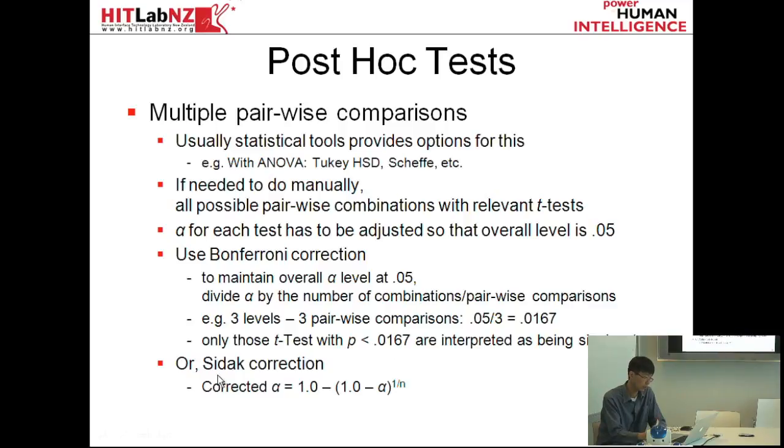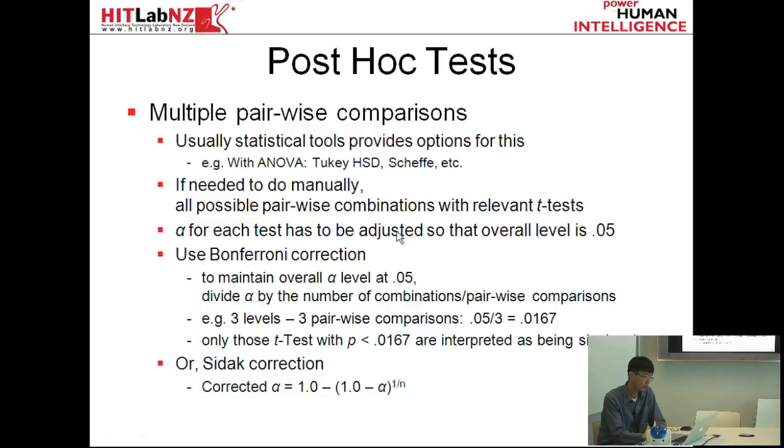And another statistician came up with a more accurate way of adjusting the alpha level, which follows this equation here. But in most cases, both corrections print out pretty much similar values anyway. So I think Bonferroni correction is more commonly used. Sometimes people use Sidak correction as well.